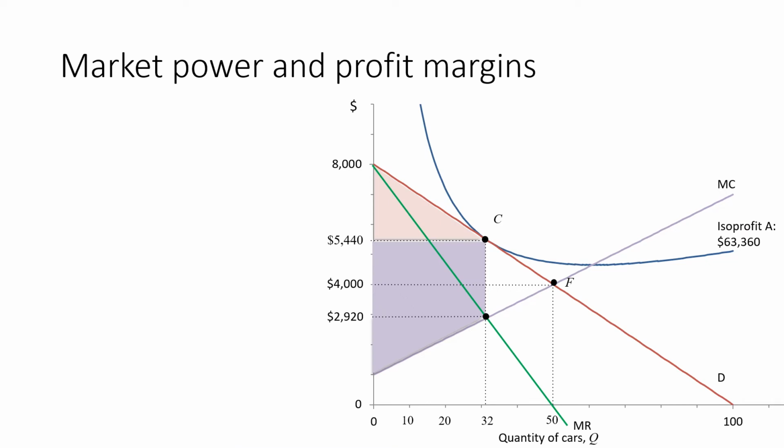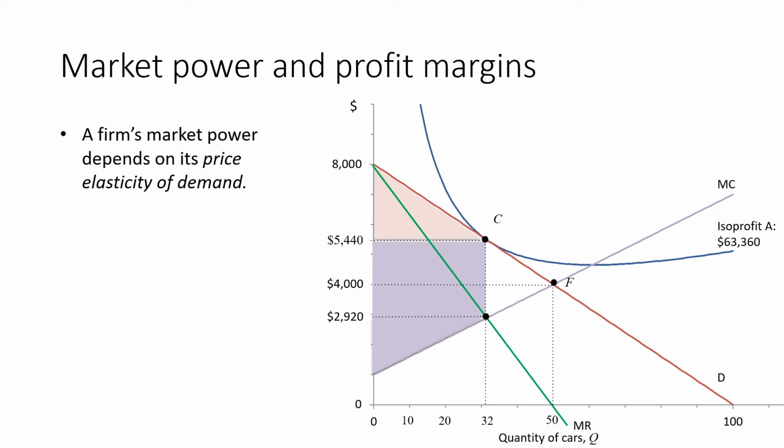Market power and profit margins. A firm's market power depends on its price elasticity of demand. The equation for price elasticity of demand is the percentage change in demand divided by the percentage change in price. If you notice, there is a negative sign at the beginning of the equation.